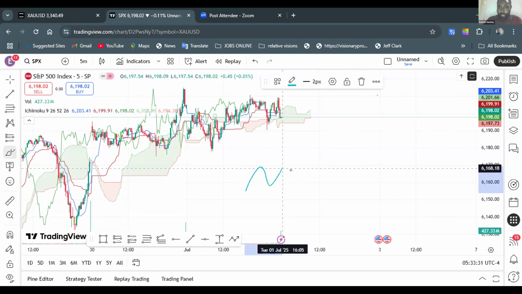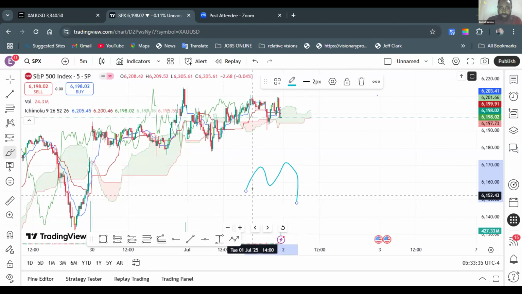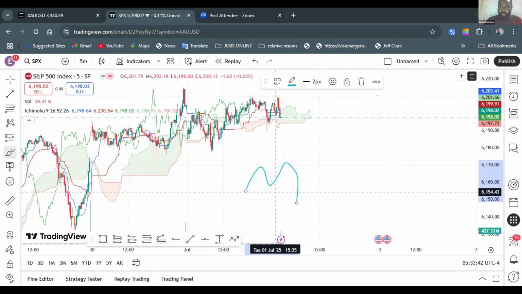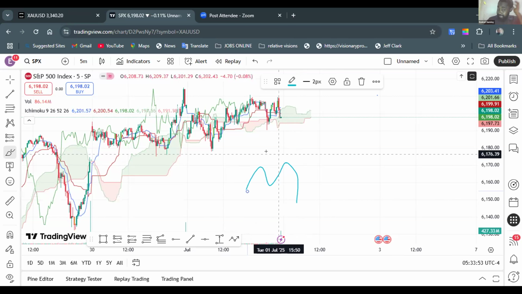Whenever you see an M forming, it is telling you to get ready, that the market is giving you a signal for a sell.